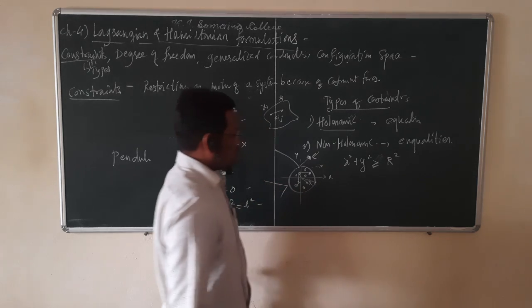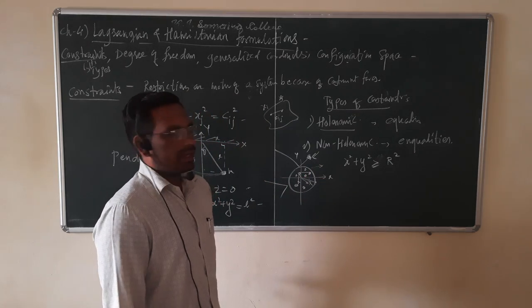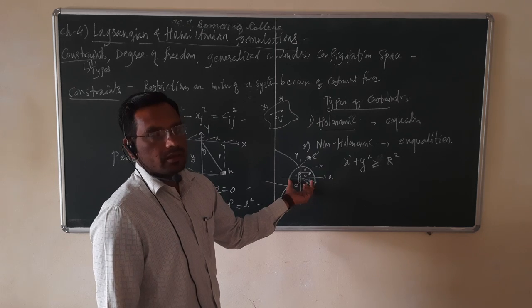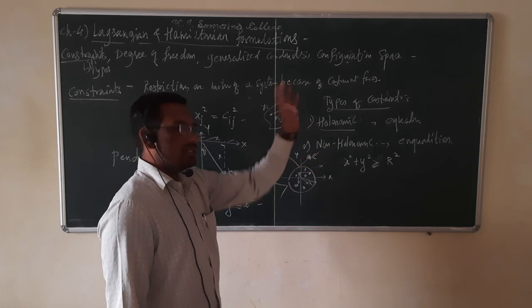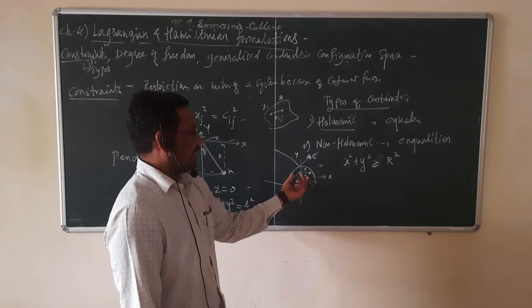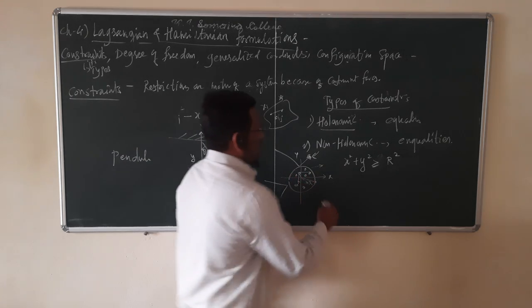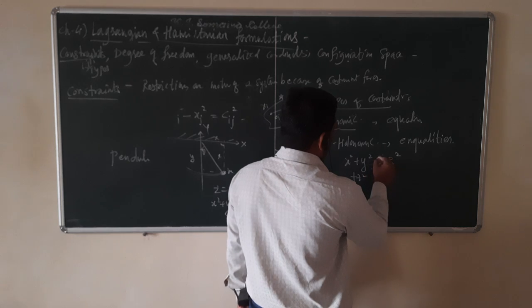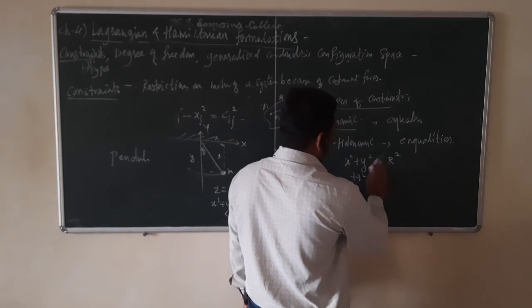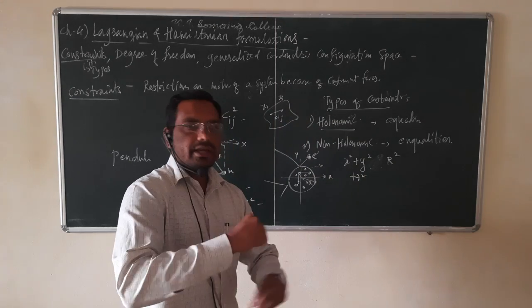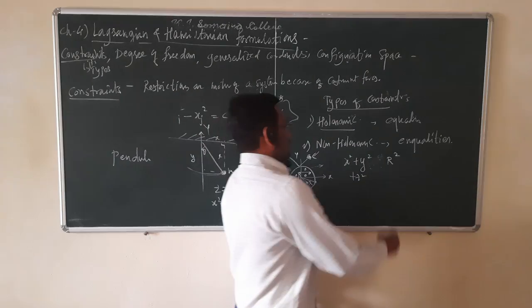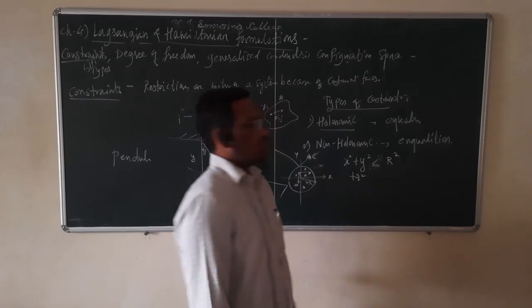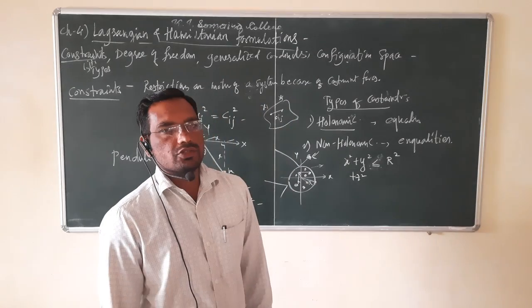For such motion, if instead of a circle we have a spherical shell or sphere, and the particle is outside that spherical shell and cannot come into it, then our constraint equation is x square plus y square plus z square is greater than or equal to r square. If the particle is moving inside the spherical shell, then our equation is that this is less than or equal to r square, where r is the radius of that spherical shell.